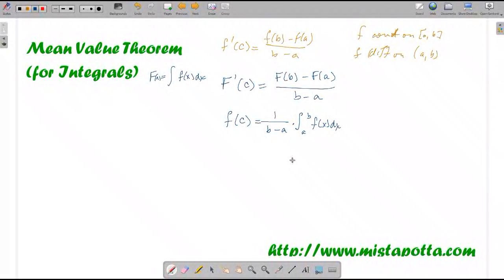So what I've got here is the mean value theorem for integrals.